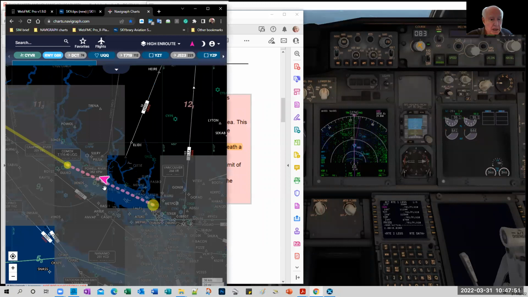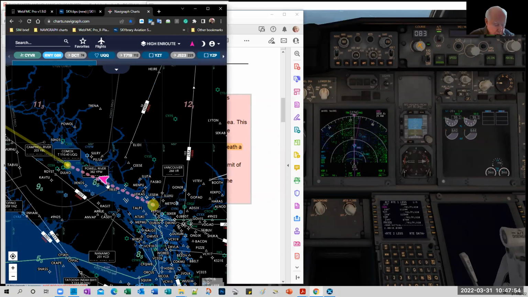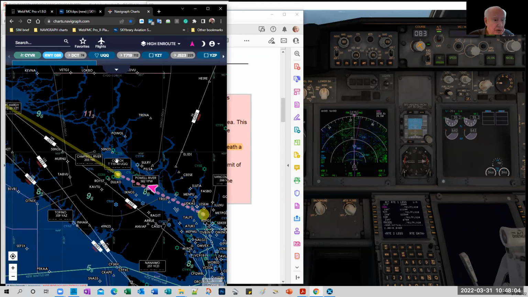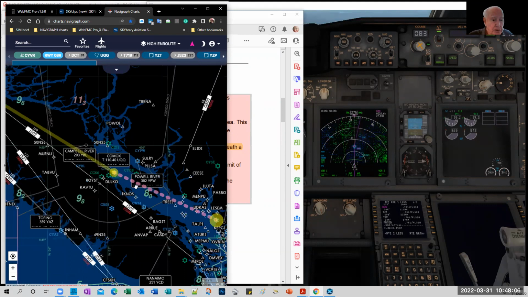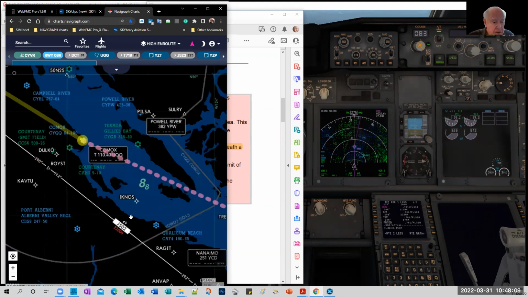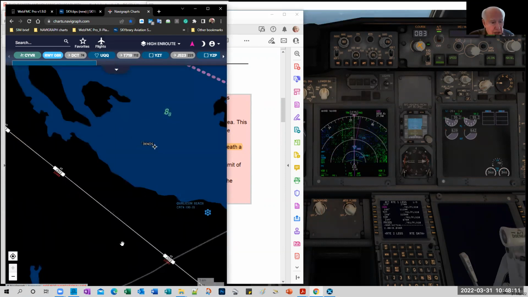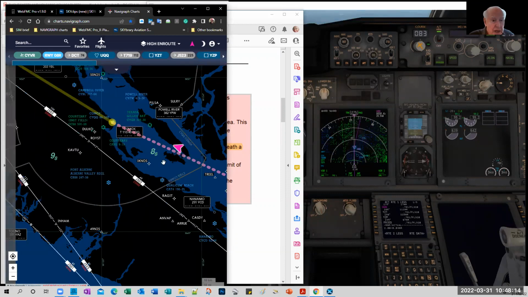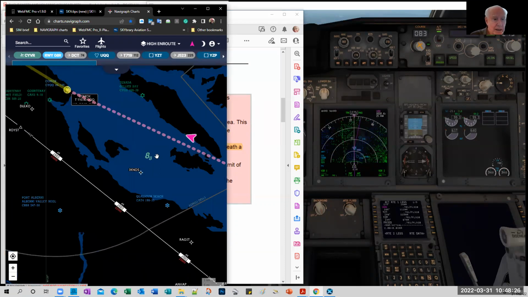On your Jepp charts or Lido or whatever charts you're looking at, you do have the MSA sectors that you can use with reference on the route to know what you're safe to go down to, what the MSAs are, etc. So here we are in an area of 8,800 feet as an MSA. I stand to be corrected on that, but that's what I'm reading here.